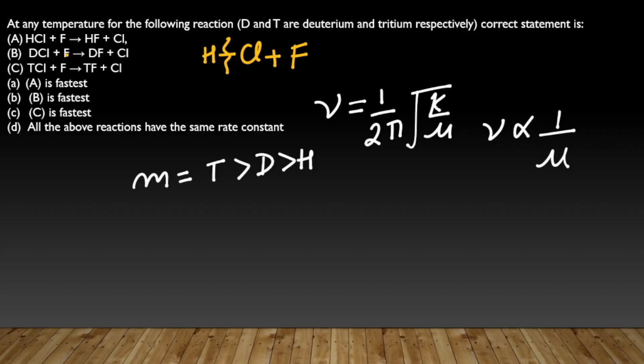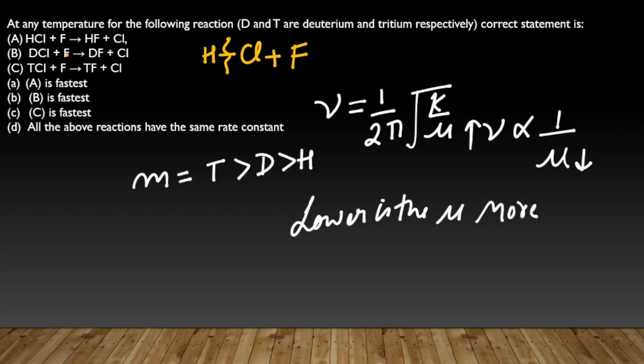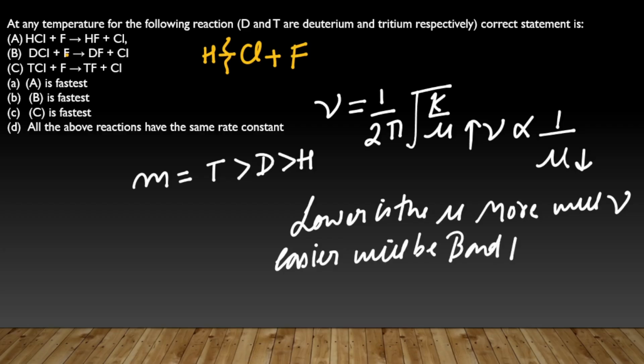Higher the reduced mass, lower the stretching frequency. Whereas lower the reduced mass, more the stretching frequency, which means the breaking of the bond becomes easier in that case. So we can say lower the mu, more the stretching frequency, and easier the bond breaking.